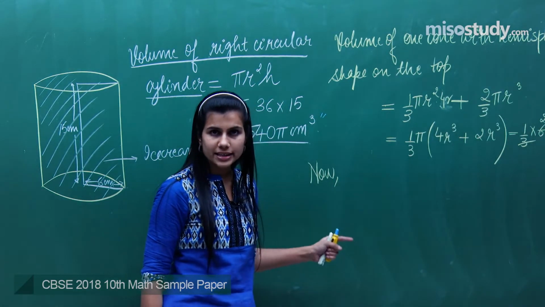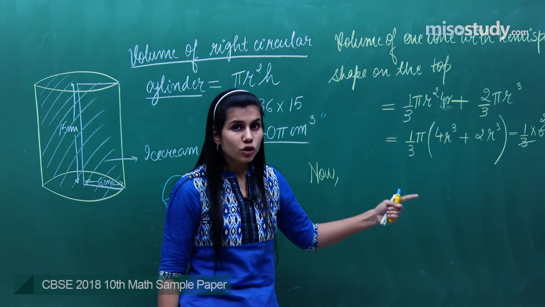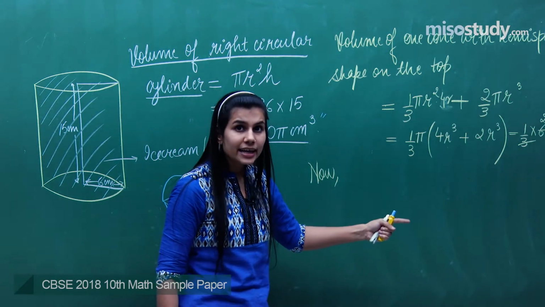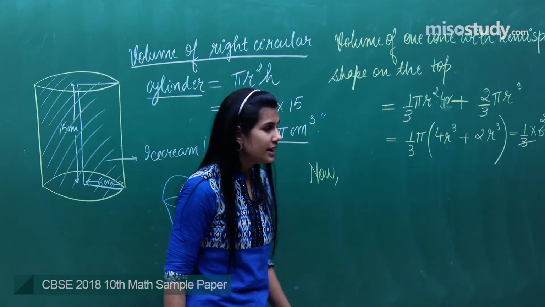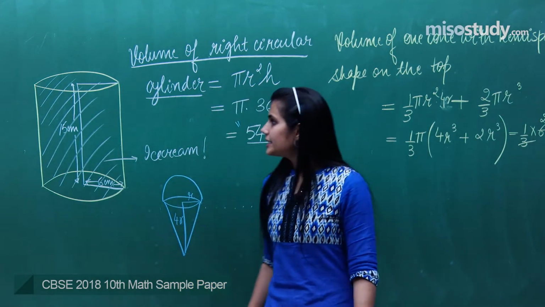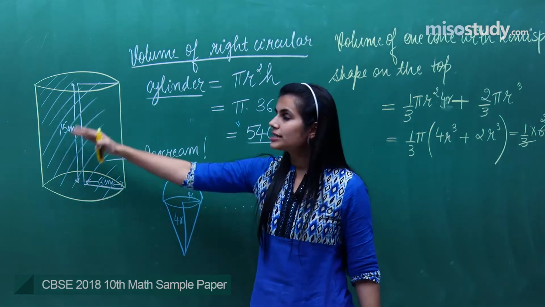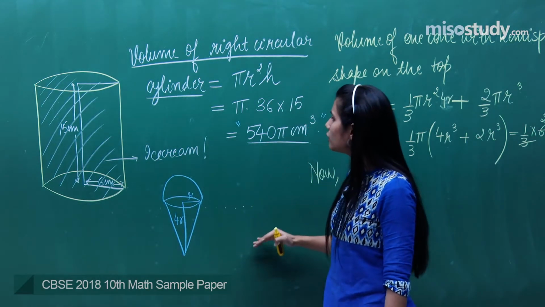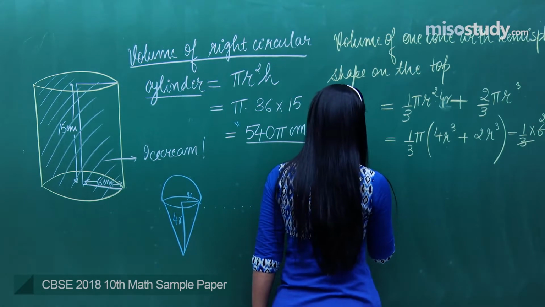The amount of ice cream in the cylinder is equal to the volume of the right circular cylinder. So what is the volume? It is 540 pi centimeter cube.